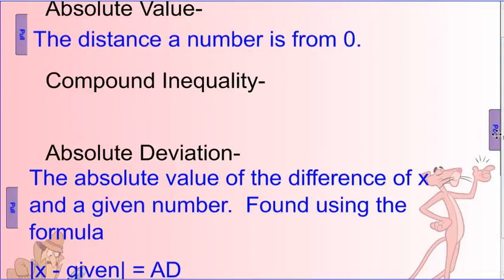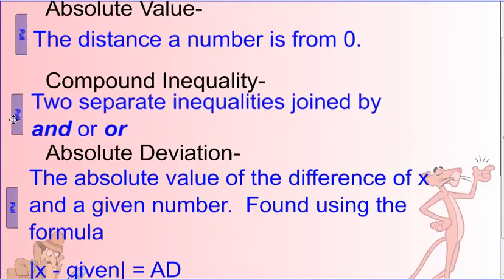And actually, now that I'm thinking about it, that word's not new either. We talked about compound inequalities. It's the ones that have the and or or in the problem. So we're going to be combining those compound inequalities and absolute value into one thing, and we're going to see how they all fit together.